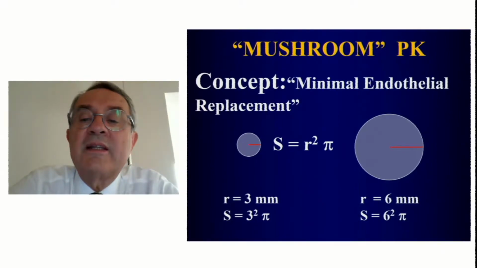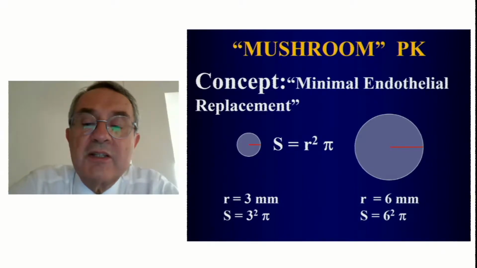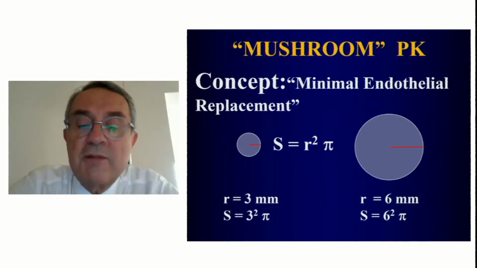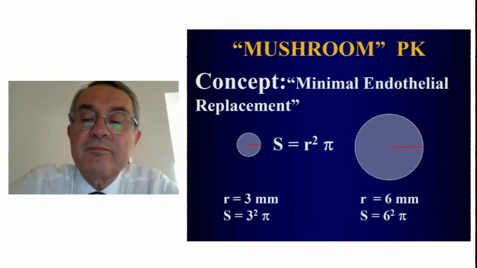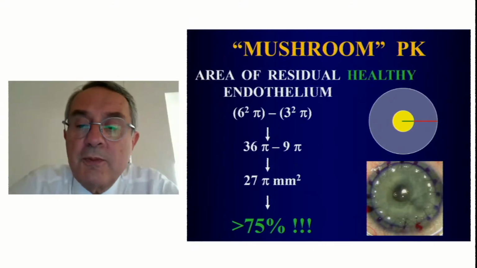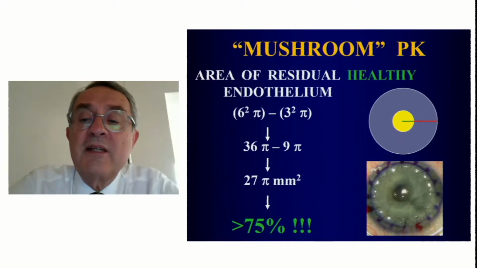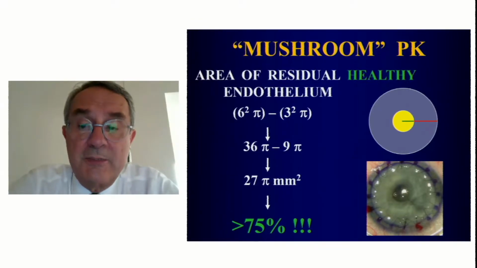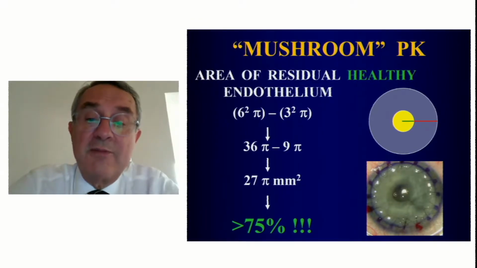Let's calculate a graft of 6 millimeters compared to the whole corneal surface, which we assume has a radius of 6 millimeters. Next slide. You see that performing a 6 millimeter full thickness graft corresponds to transplanting only 25%, more or less, of the recipient, leaving in place 75%.